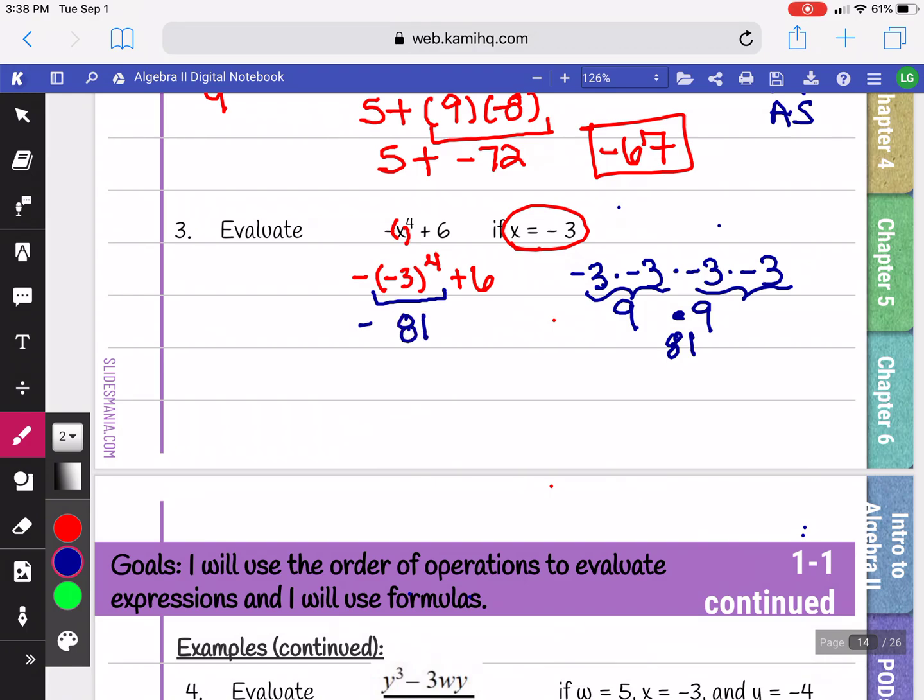And we still have to bring down that negative that's in front and that plus 6 that's in the end. And then if you add those together, you get negative 75. So this negative right here was separate. So our answer, even though we got positive 81 when we did the exponent, still had that negative in front because it was there in the original problem.